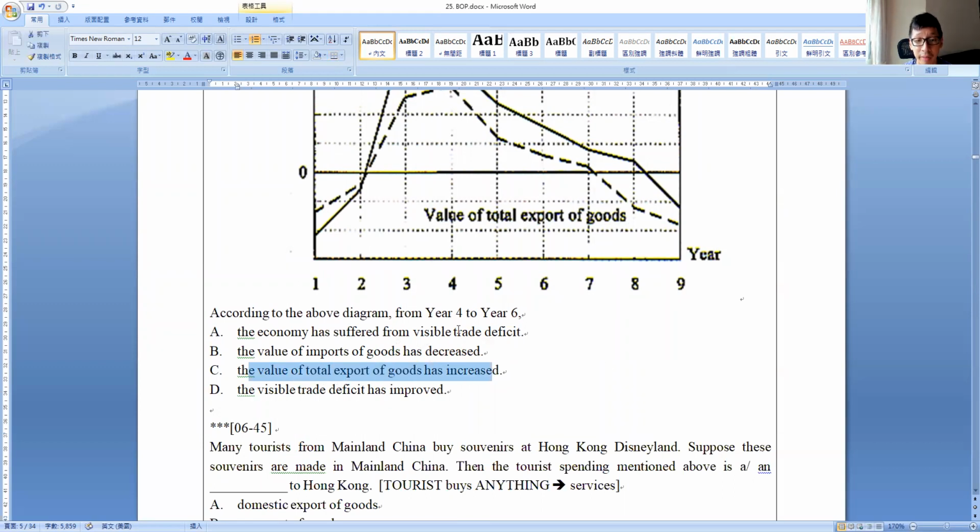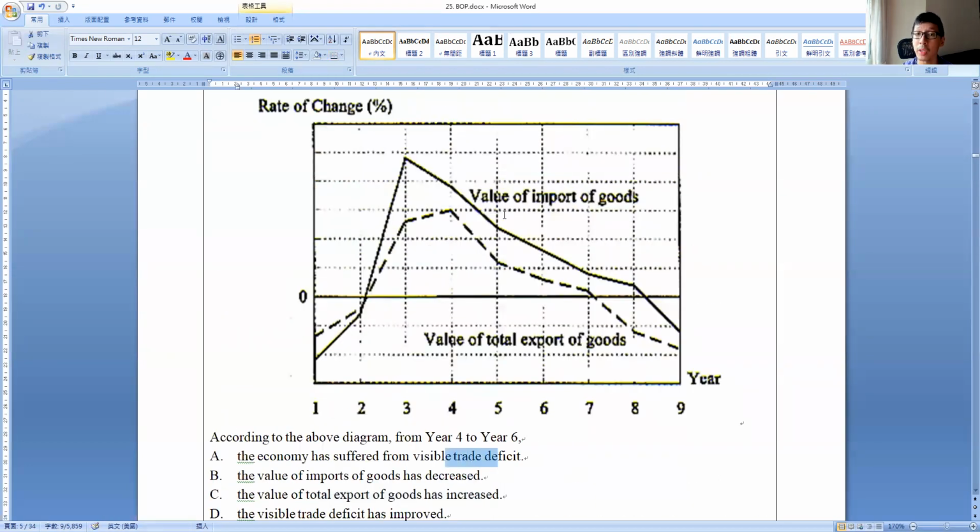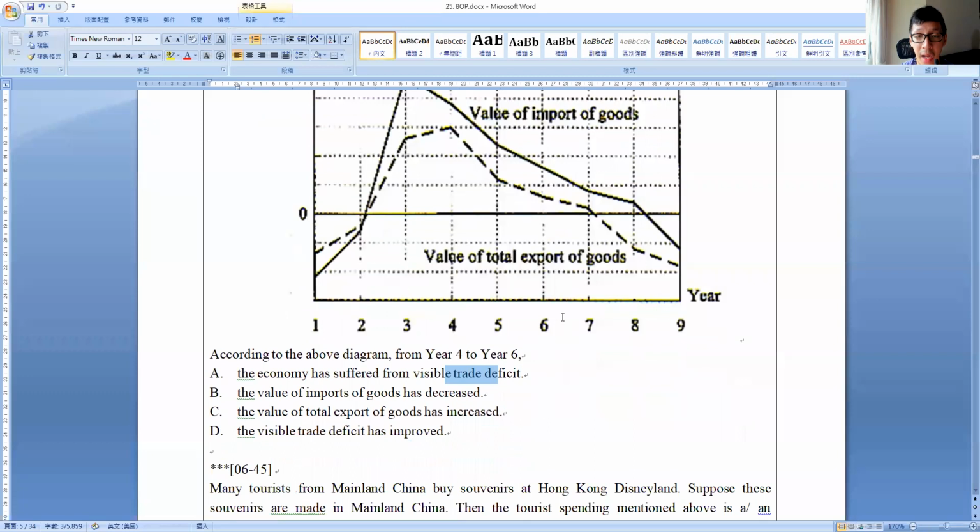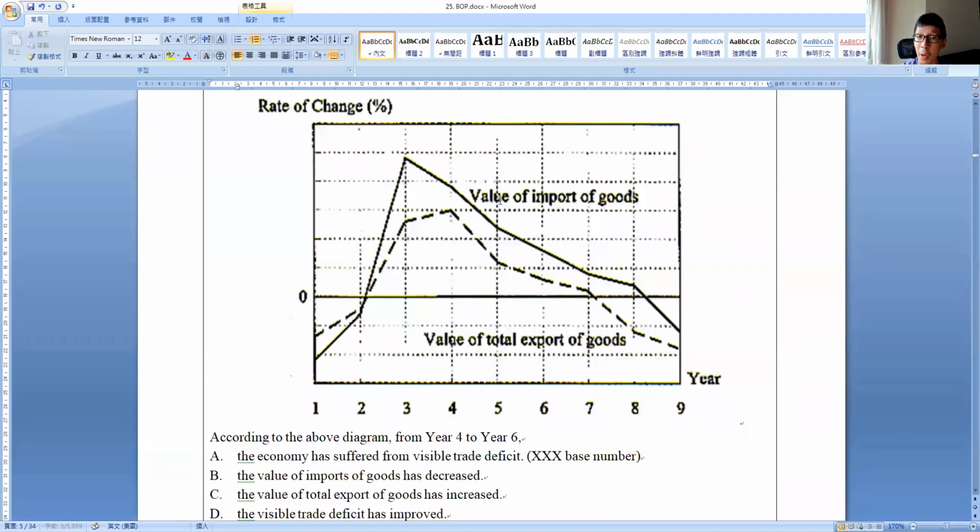好啦 what about A and D? Has suffered from visible trade deficit. Do you know? You only know the change, right? But do you know anything about the base number? No. We have no idea about the base number. 你就係知道 you only know import percentage-wise is growing faster than export.